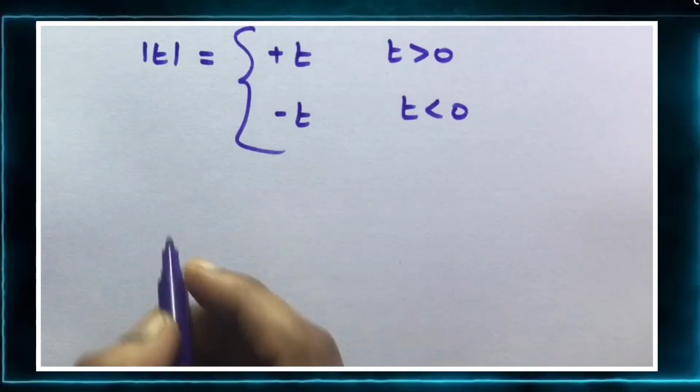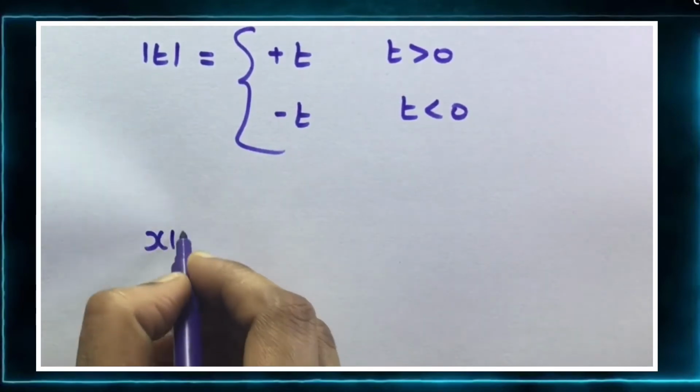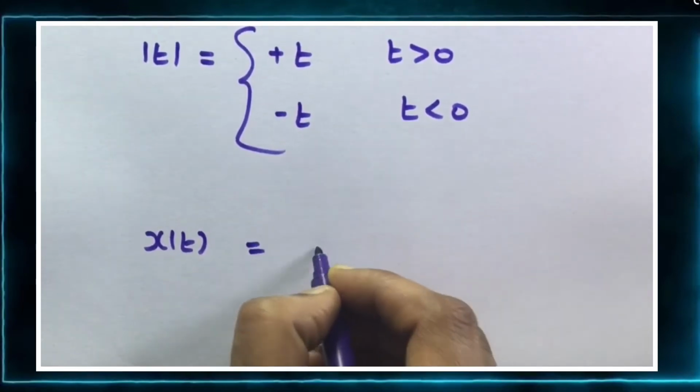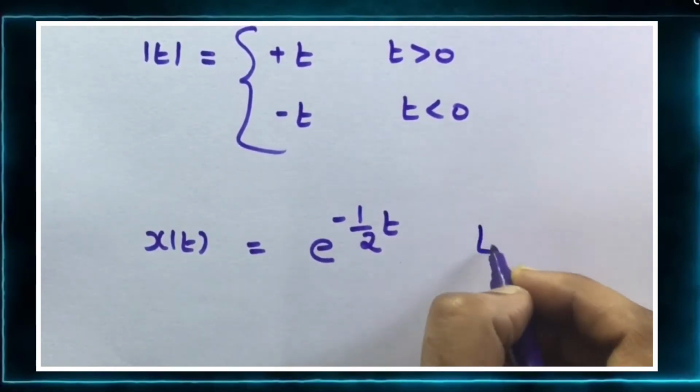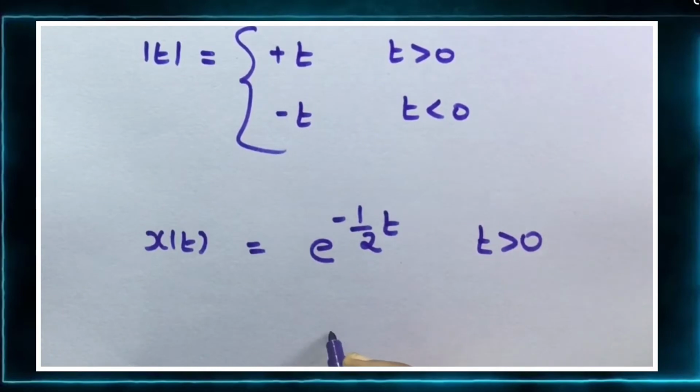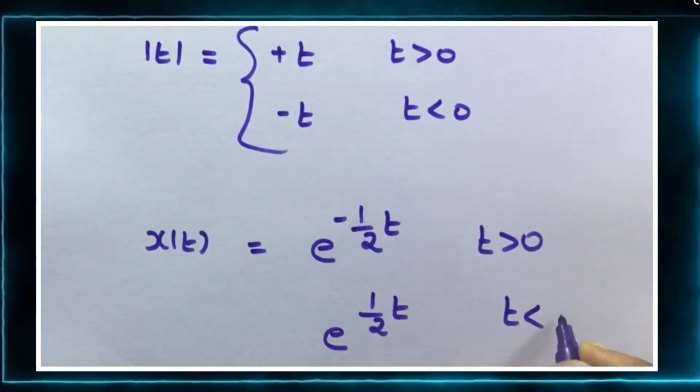Correspondingly, we can write x of t as e raised to minus 1 by 2 t for t greater than 0 and e raised to 1 by 2 t for t less than 0.